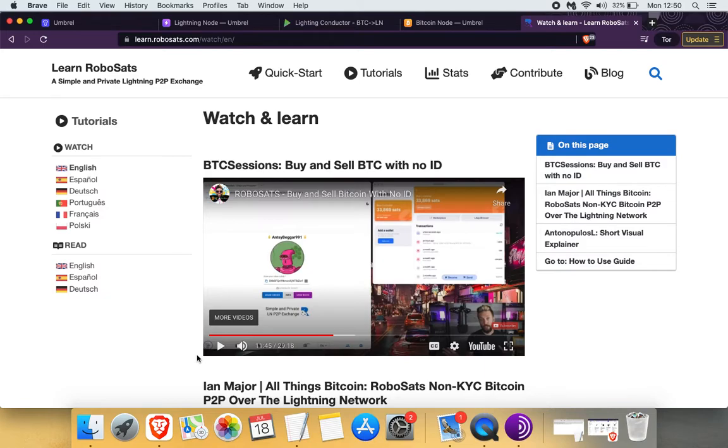I know people lose their bank account because they are trading Bitcoin, right? So it's a good way to anonymously buy Bitcoin on Tor, right? So you want to make sure you do that on Tor. That's the only way you can do that. Trade it using Robosat. So it's really interesting. I love the privacy feature.